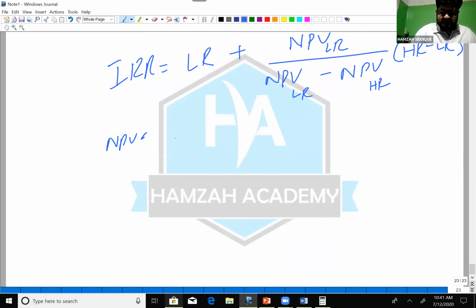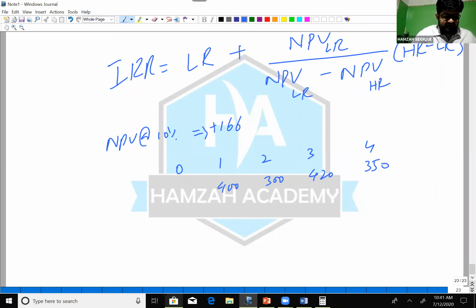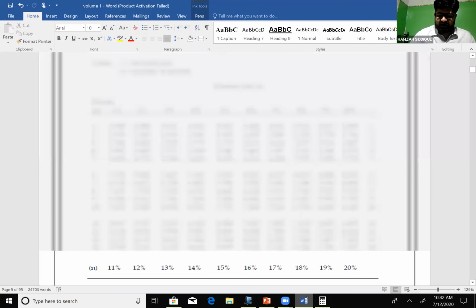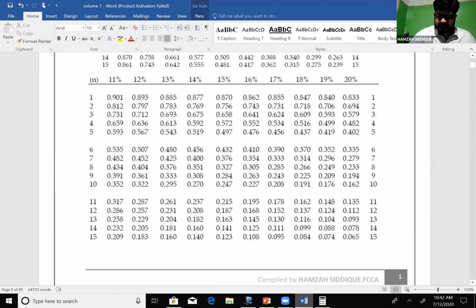NPV at 10% was calculated as 166 positive. The cash flows for years 0, 1, 2, 3, and 4 are initially 1000 negative, then 400, 300, 420, and 350. Now we take the discount factors at the rate of 15% from the notes.